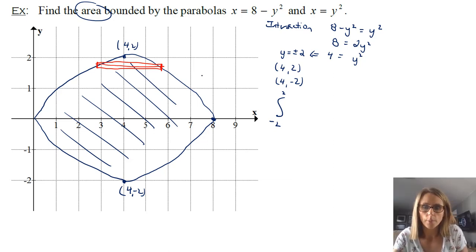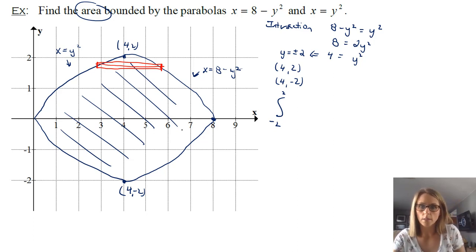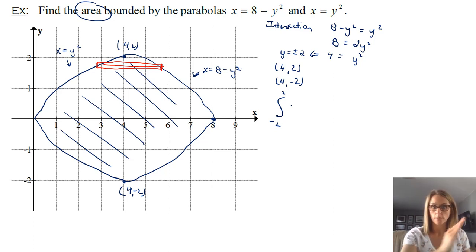So now all we need to remember is that this function is x equals 8 minus y squared, and over here is our parabola x equals y squared. And so because of that, we know that we are integrating from right to left.